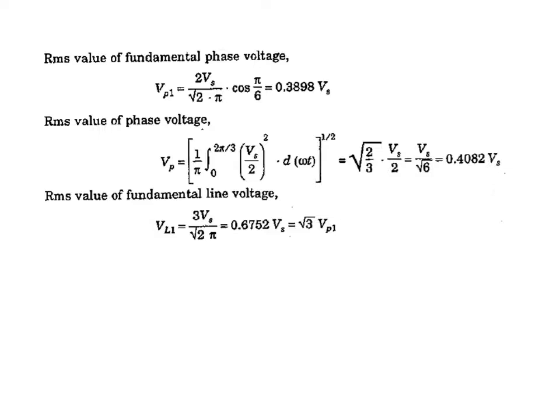After finding the phase voltages, the line voltage RMS value is given by the equation VL1 is equal to 3 Vs divided by under root 2 into pi is equal to 0.6752 Vs is equal to under root 3 Vp1.